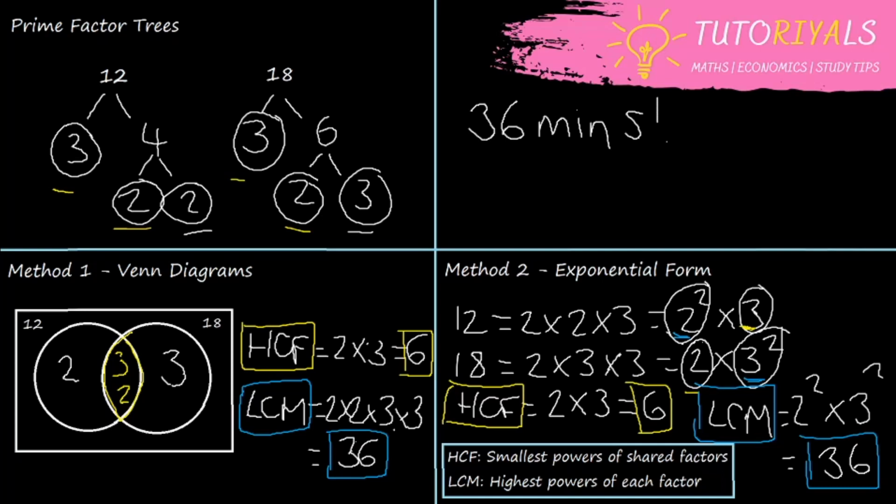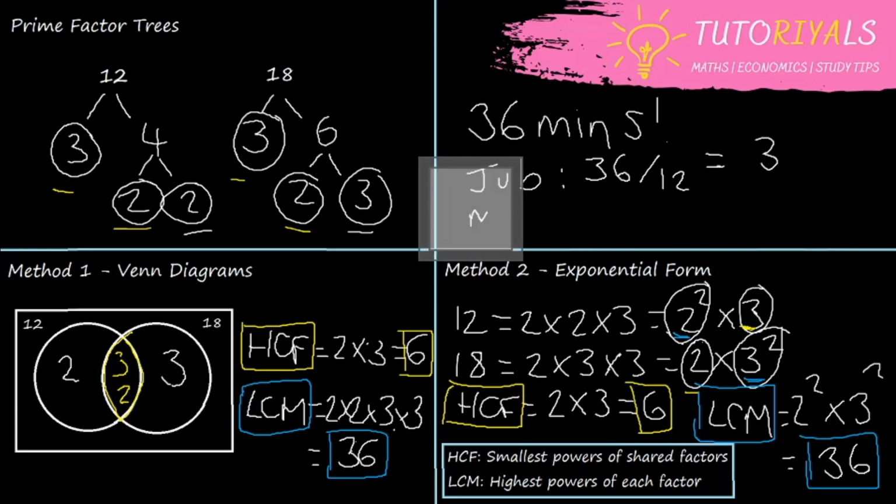Let's look at the Jubilee line. Well, we know that the Jubilee line arrives every 12 minutes. 36 divided by 12 is 3. So the friend that's taking the Jubilee line will arrive on the 3rd train. How about the Met line?